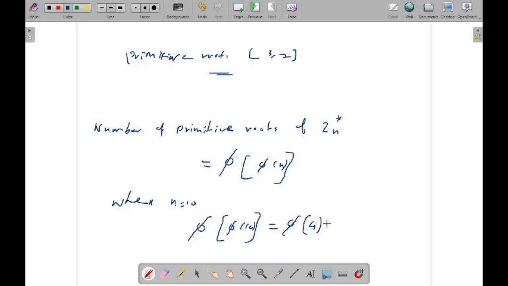Phi of 4 equal to phi of 2 raised to 2, which equals 2 raised to 2 minus 2 raised to 1, is equal to 4 minus 2, is equal to 2. So Z_10 star has 2 primitive roots. So we got 3 and 7 as primitive roots.